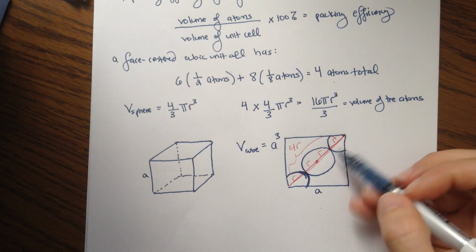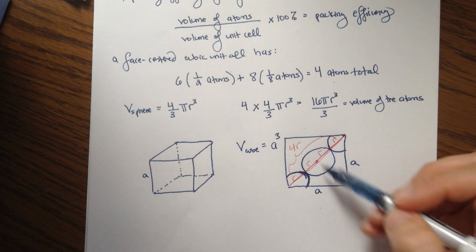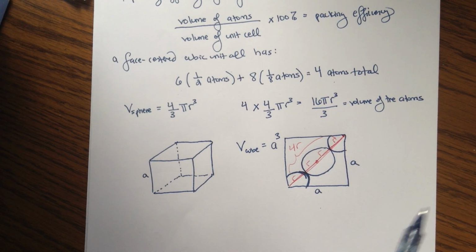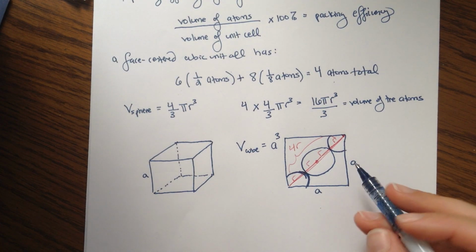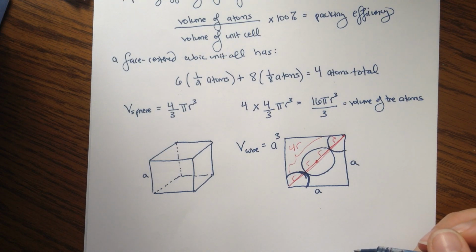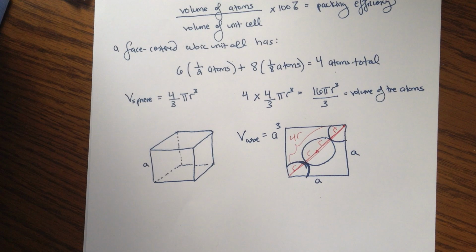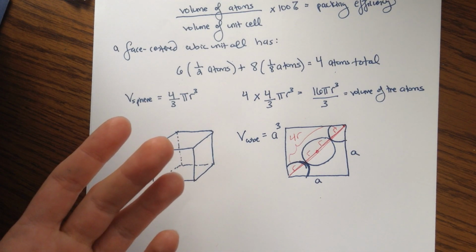Great. So now I'm starting to see the beginnings of some kind of relationship I could make between A and R. Here's the foundational piece. Now, in order to come up with some expression where I can relate the two, it's important that we remember our trig functions. I like using trig functions for this.